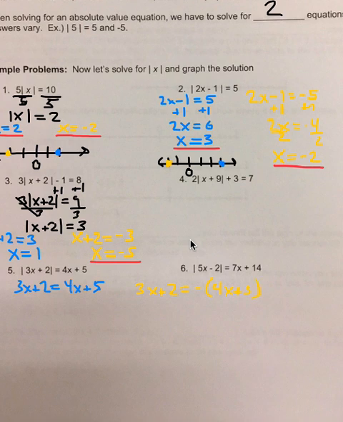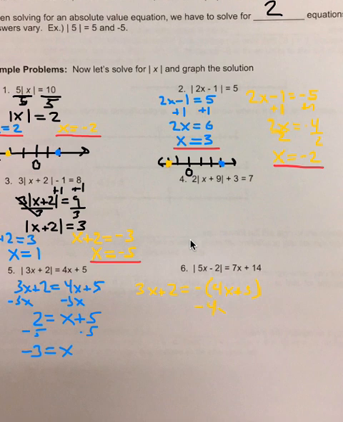On the left-hand side, I'm going to solve first. I'm going to subtract 3x from both sides first, because I want to get those by themselves. So I have 2 equals x plus 5. Subtract the 5, and I get negative 3 equals x. On the right-hand side, I rewrite it.